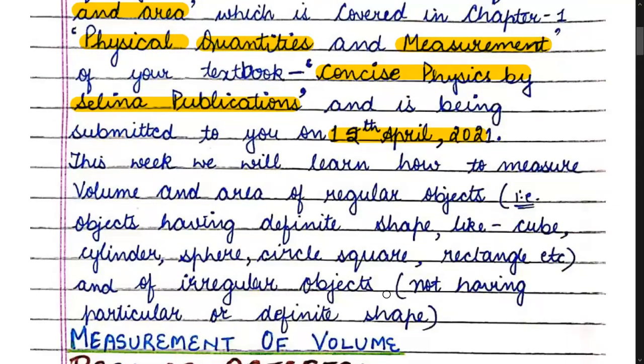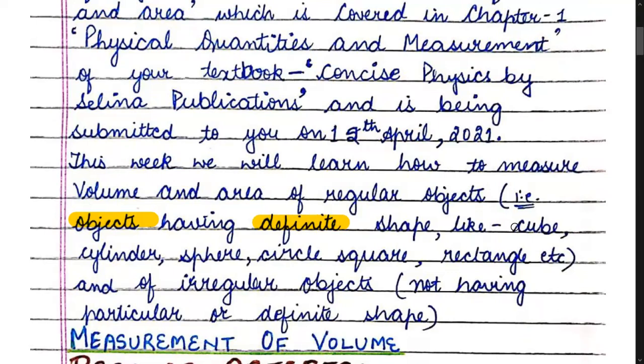Children, this week we will learn how to measure volume and area of regular objects. Regular objects mean the objects having definite shape.